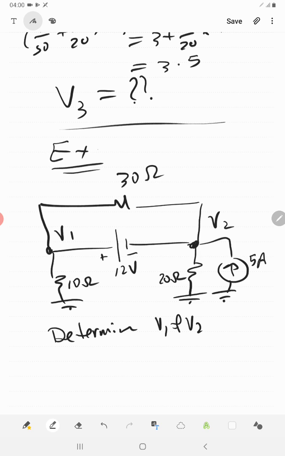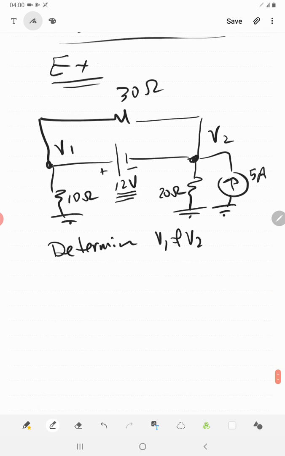Now, we see that we have 12 volts here. This means V1 minus V2 is 12. But we don't know what V1 is. We don't know what V2 is. All we know from this voltage source is that V1 minus V2 is 12 volts.